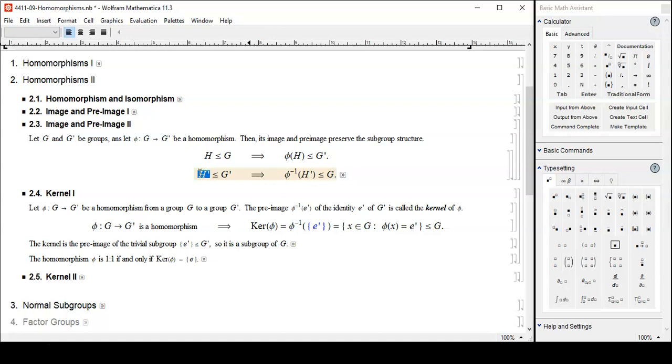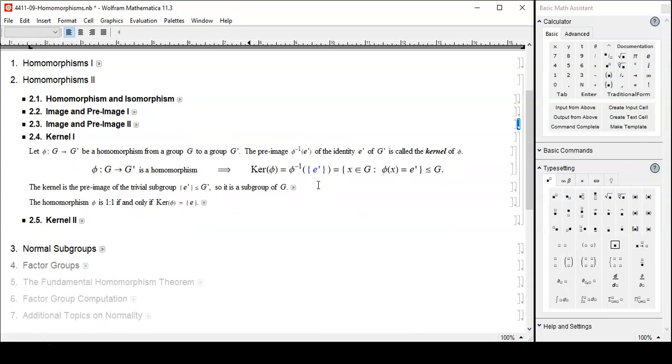If H prime is a subgroup, then its preimage is a subgroup of G. Here in this case, E prime is a trivial subgroup of G prime, so its preimage must be a subgroup of G as well.